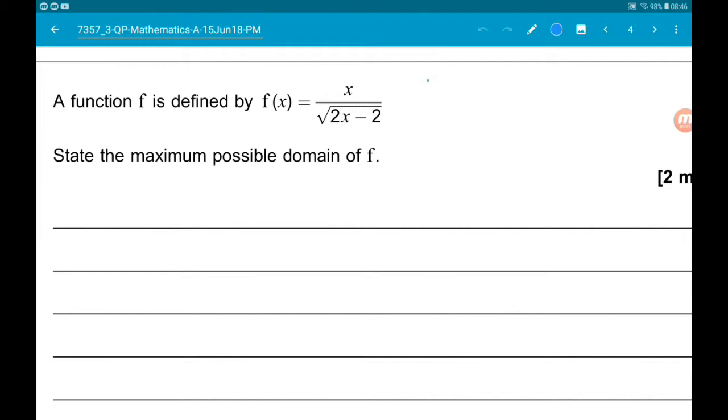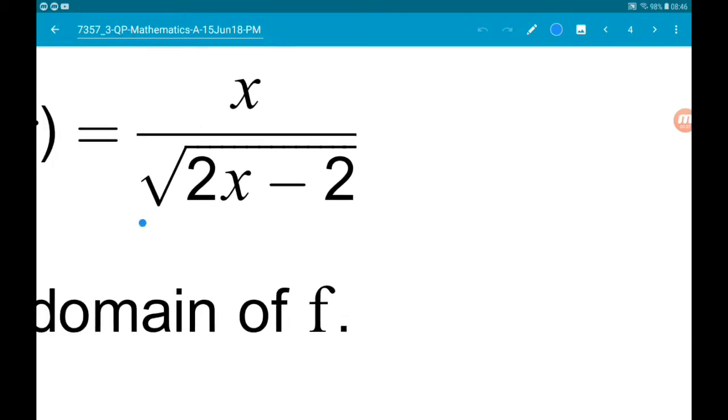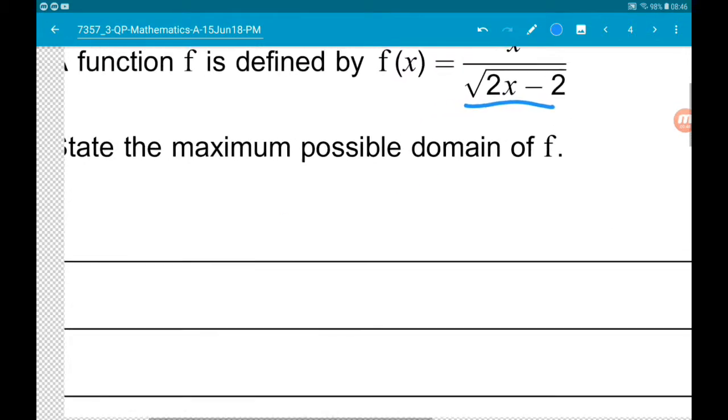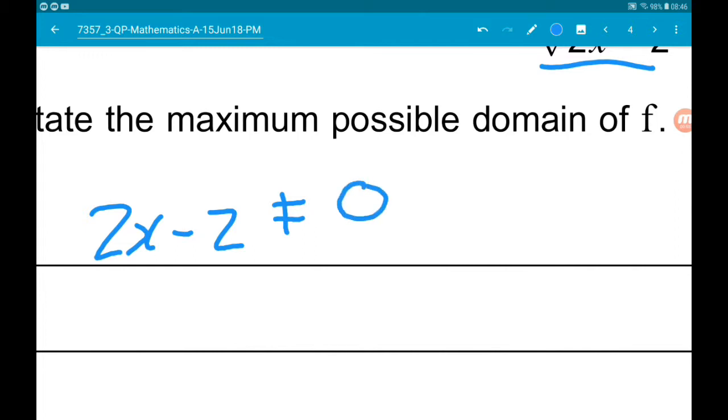So there are problems that are going to arise from this denominator. First up, you can't divide by 0. So 2x minus 2 cannot equal 0.